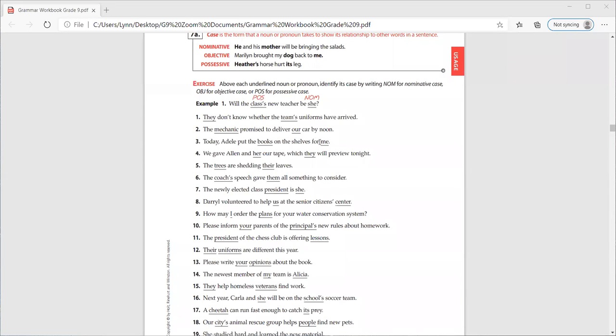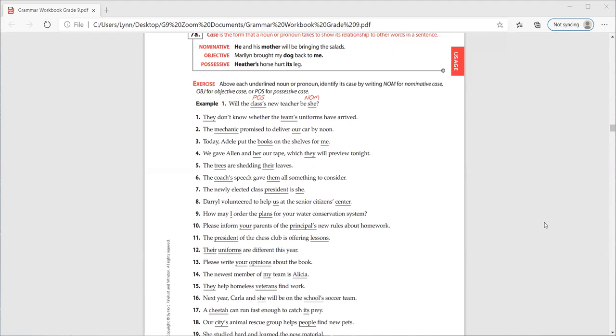Teams is possessive. Yes. Number 2, the mechanic is nominative. Correct. Our is possessive. Correct. Number 3, books is objective. Okay. Me is objective. Correct.